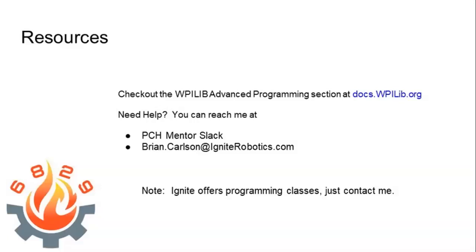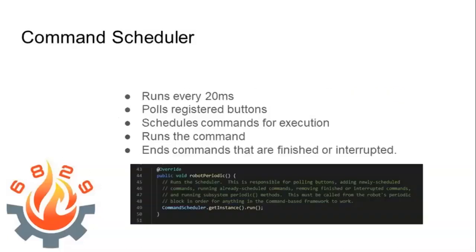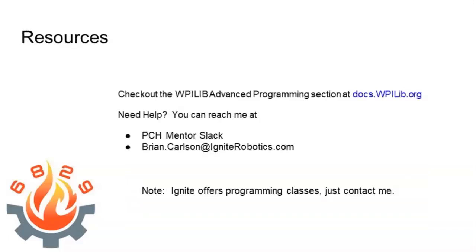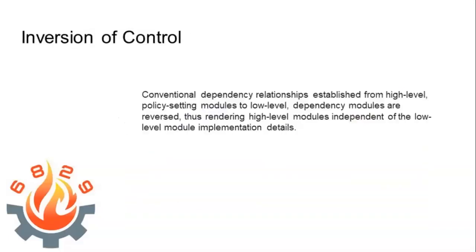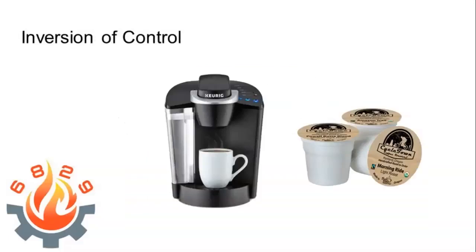Okay, so the Keurig is a coffee maker, right? And it takes these little pods. Let me go back to the slides so we can see what we're talking about. All right, so this coffee maker, the Keurig, takes these pods. And I want to make coffee, and I want to choose what coffee I want to make.